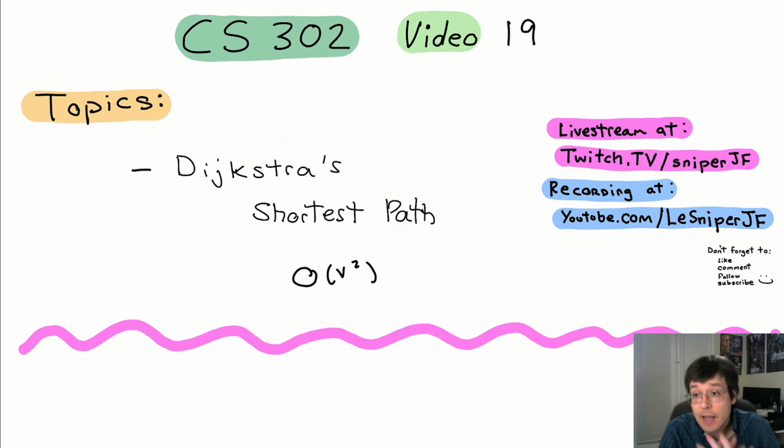Negative edges: Dijkstra will not work with negative edges. You try to do it with negative edges and the whole thing breaks. So just FYI. But yeah, the shortest path problem is very popular when it comes to interviews. Dijkstra is just the nice and easy one to do. But you'll get to see it a lot more in 477. So this is not the last time that you'll see Dijkstra.